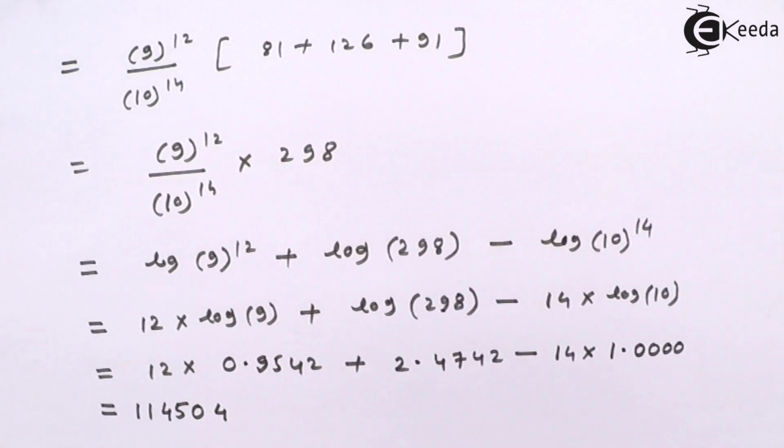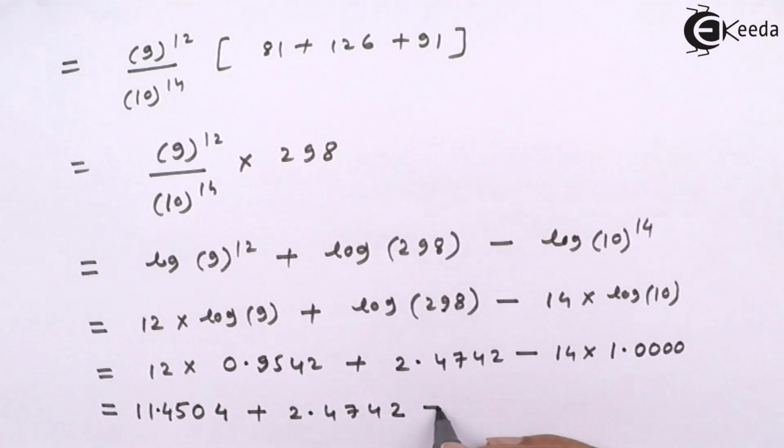Now here we have to put the decimal after 4 digits. It means 11.4504, plus we write 2.4742 as it is, and then minus 14 into 1.0000, so that gives us 14.0000.